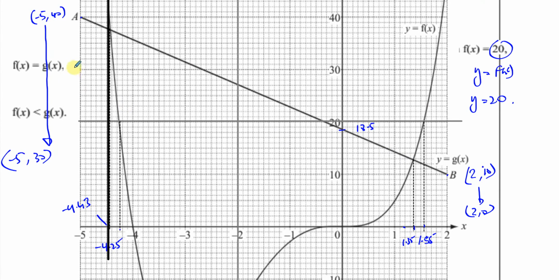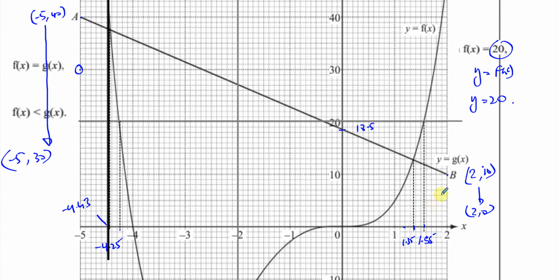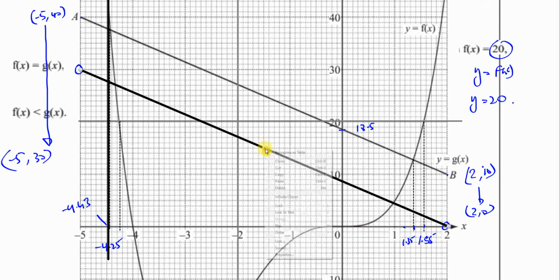So y equals g of x minus 10 will go through the points minus 5, 30, which is over here, and it will go through the point 2, 0, which is over here. Everything's dropped by 10 units. So it's going to be a line that goes like this. Of course you can see it's parallel to our line. Of course it should be parallel. Let me just make this line a bit thinner.